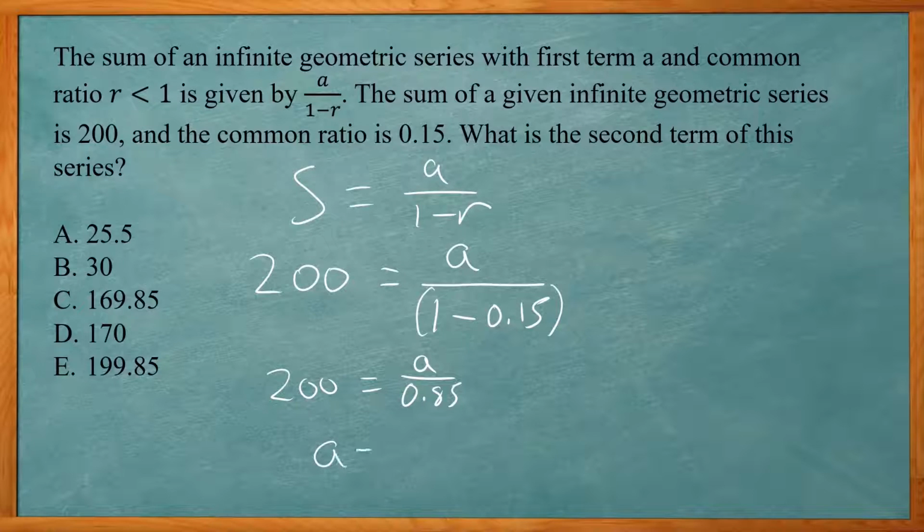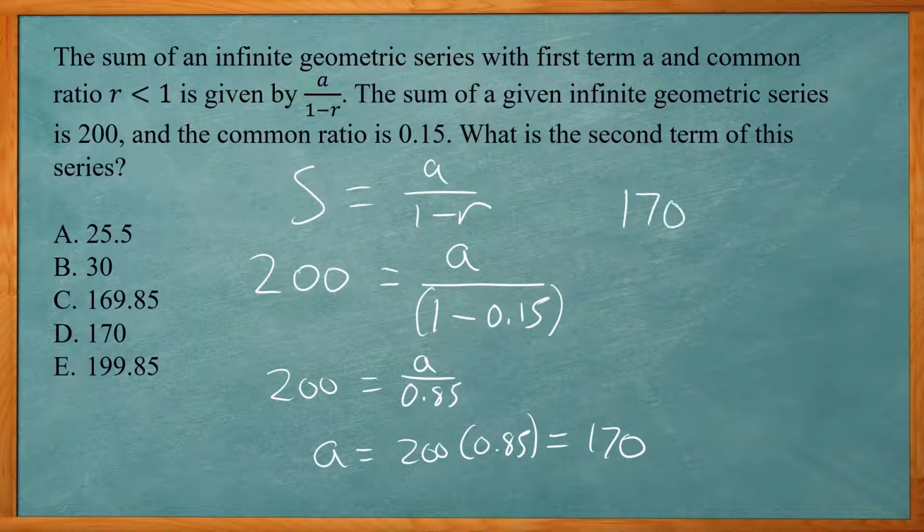You get a is equal to 200 times 0.85, which is equal to 170. So a is our first term. So we have 170. Then to get the next term, we multiply it by our common ratio, 0.15. That's going to give us 25.5. So answer choice A.